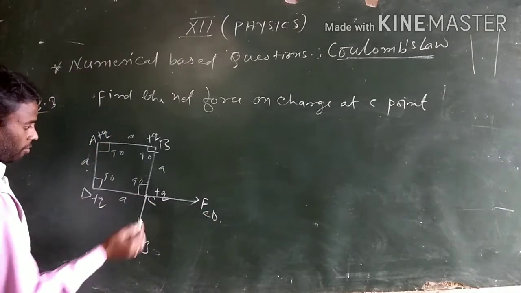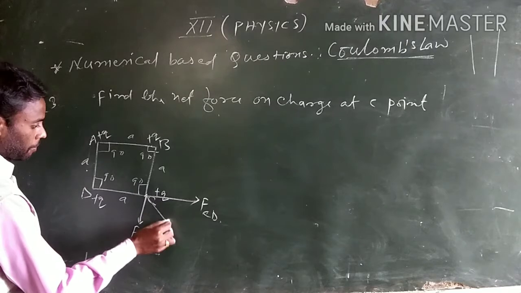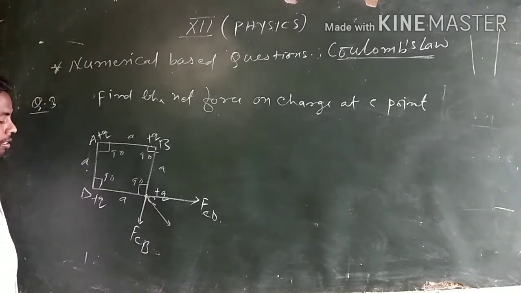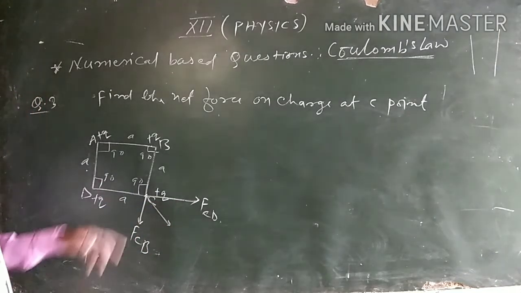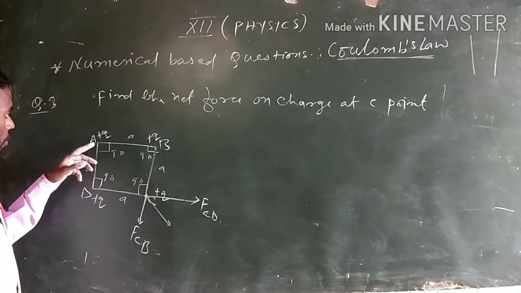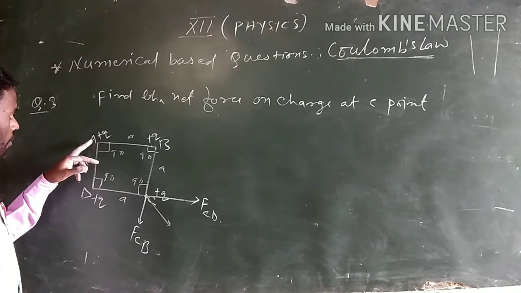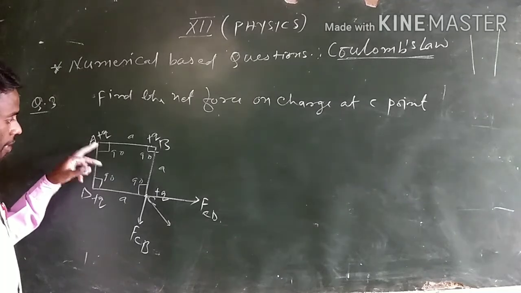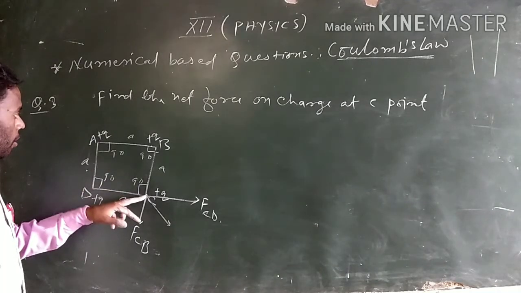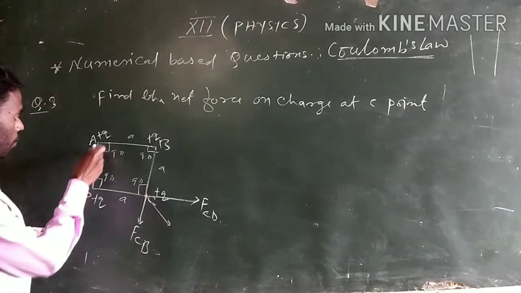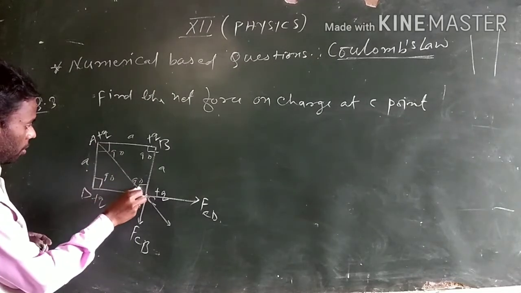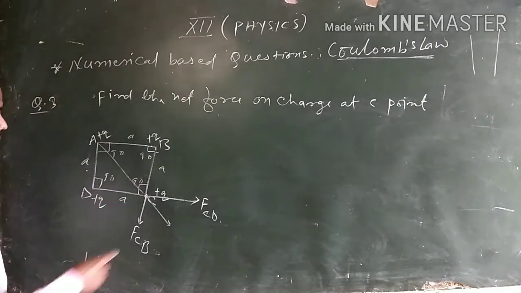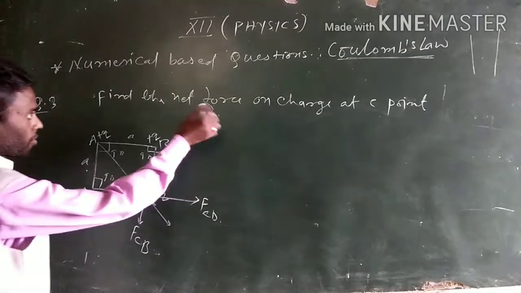The resultant force will be this side between these two forces, right? But one thing is there, one force will be given from A, that means the force on point C due to these charges, so we have to use this distance. First we have to find these two forces.